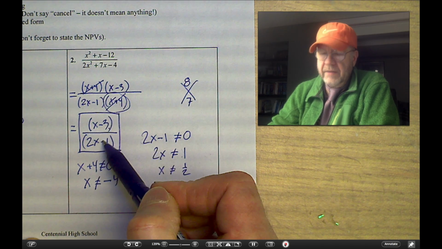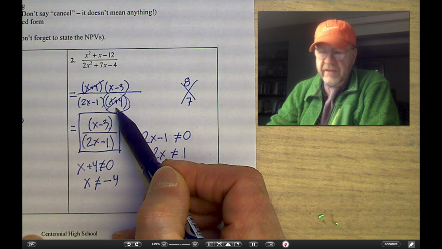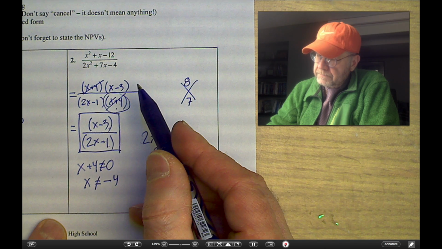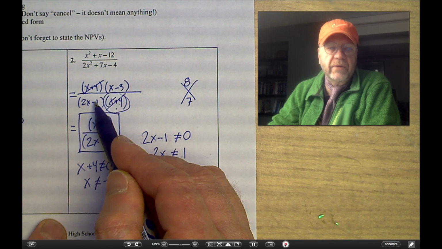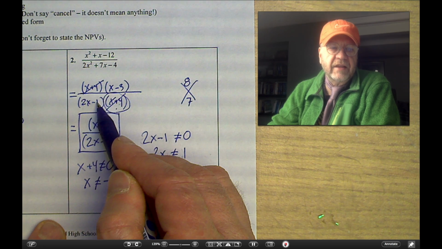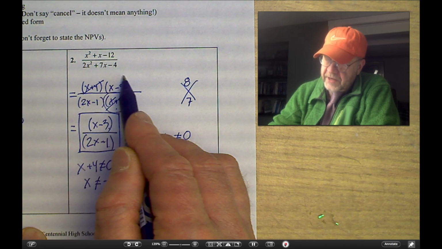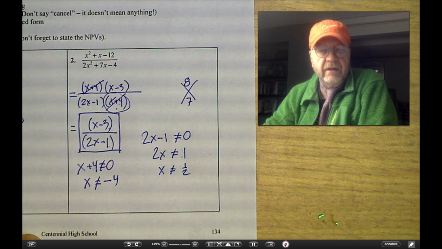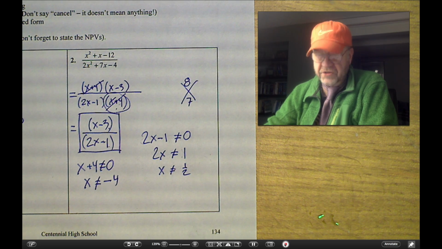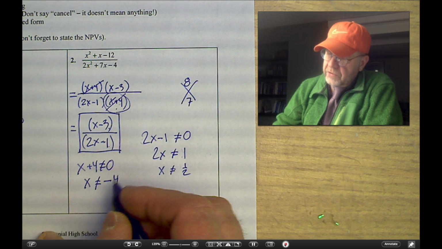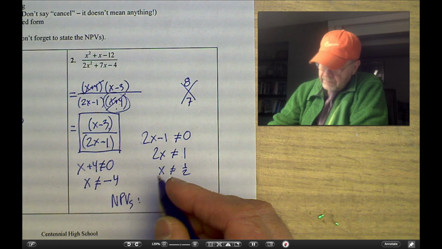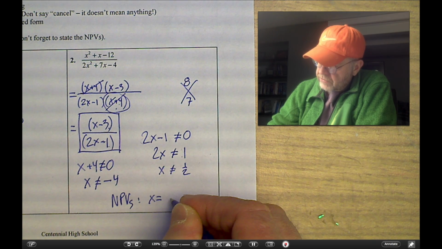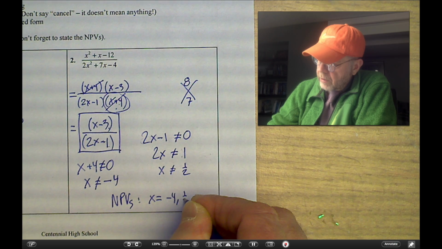It's not simplified, but it's a perfectly valid expression of this value. If x equals negative 4, you get a 0 times whatever this is, it doesn't even matter what this is. 0 times anything is 0, and your expression would become undefined because of that version of the expression. So you get two NPVs. x may not equal negative 4 or 1/2.